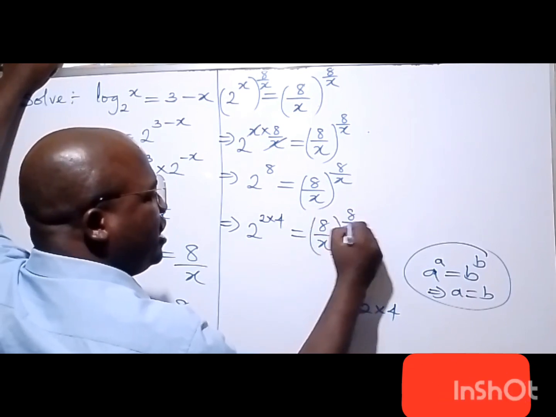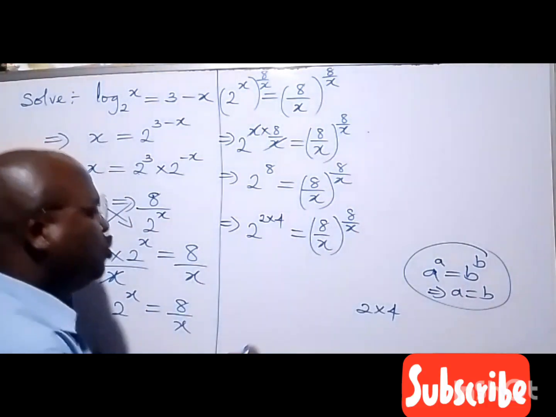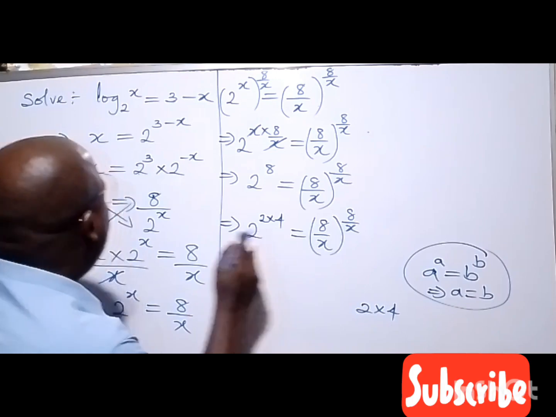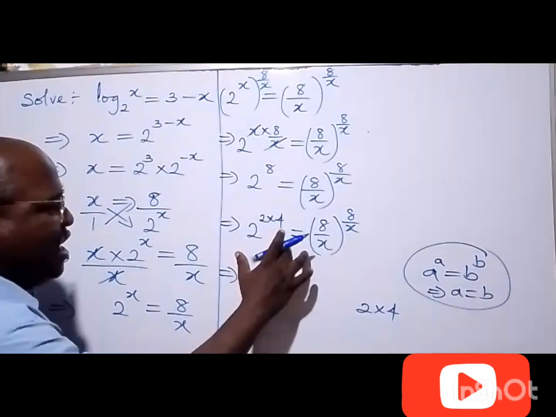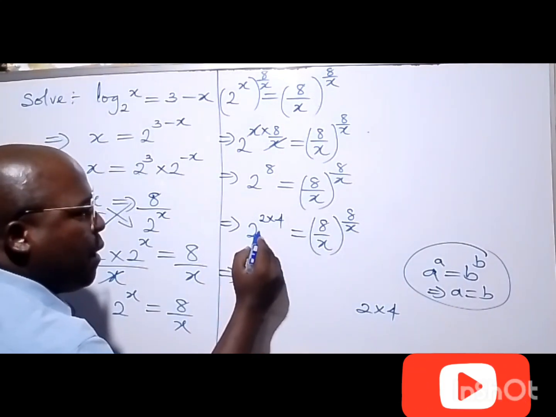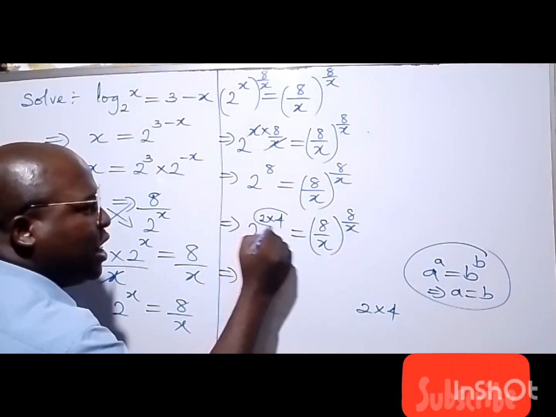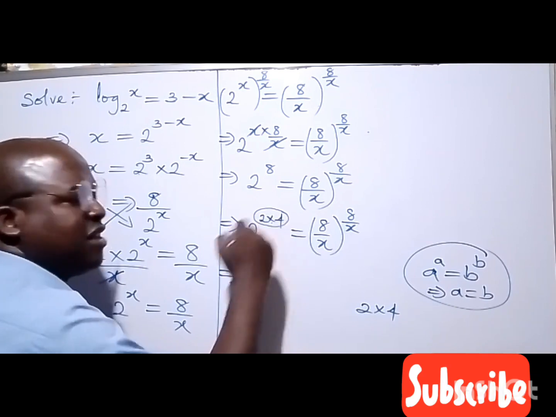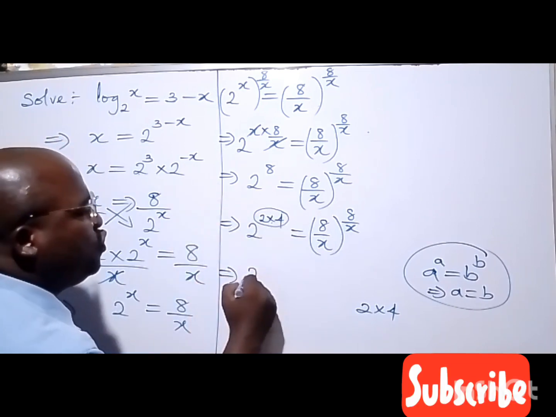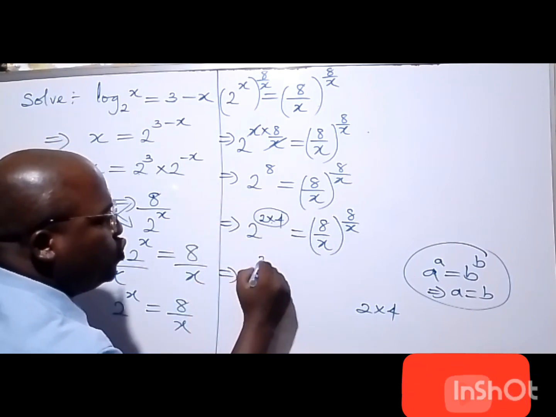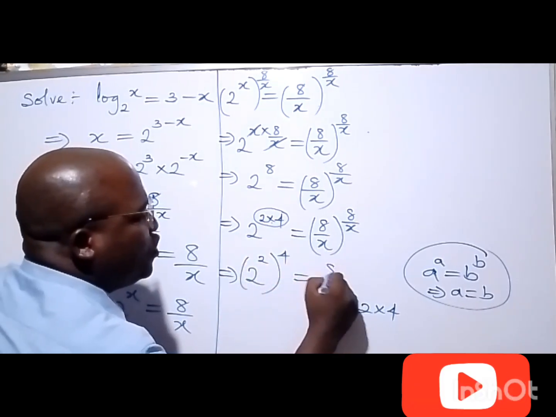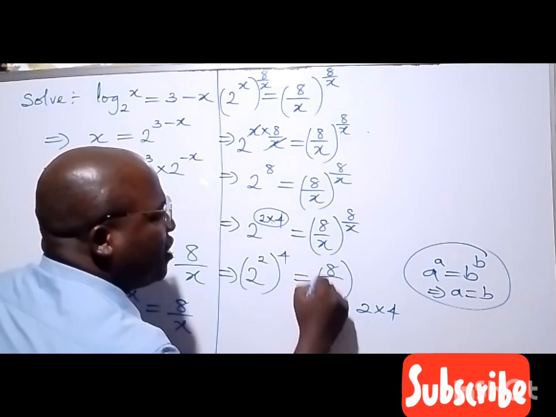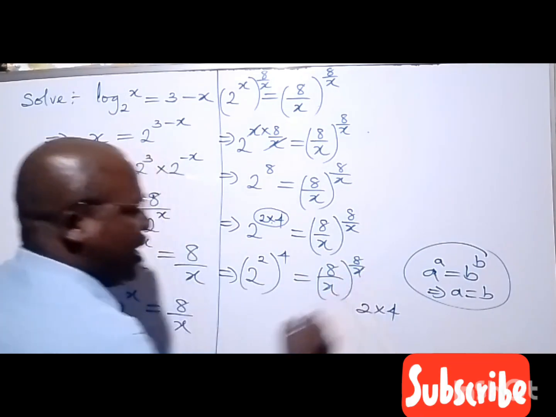I also have 8 over x on the right. The 2 is a base, and the base applies to these two. So we have 2 raised to power 2, and we can make this one the power, is now equal to 8 over x.